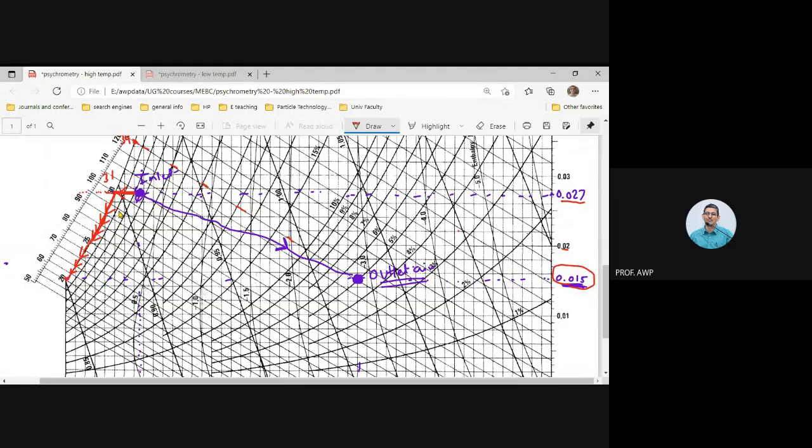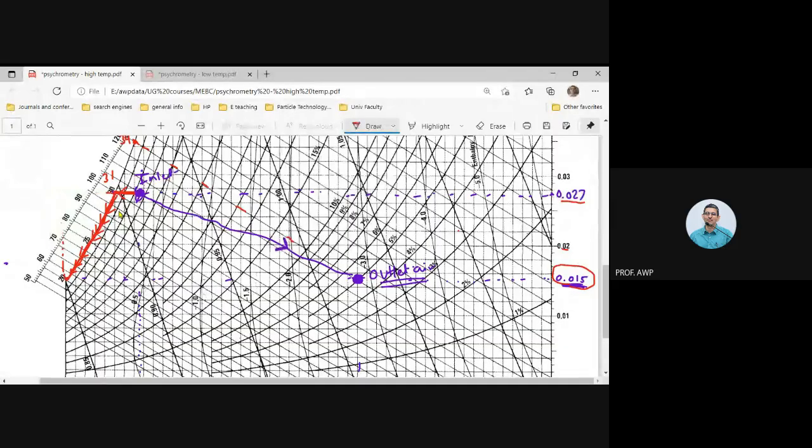So we are going like this, isn't it? We are trying to cool the air like this, okay? And the amount of water that is condensed is here. That much amount of water will condense. So we can't go straight. Air will automatically go along this 100% saturated relative humidity line, because the remaining air, because water is condensing out, will always have 100% RH.